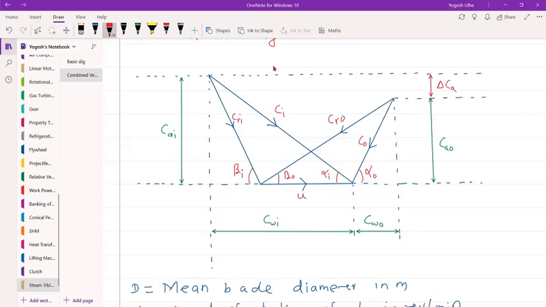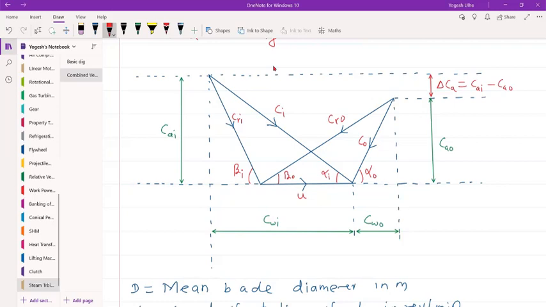And delta CA is equal to what? CAI minus CAO. Okay guys, what is meant by delta CA? CAI minus CAO.